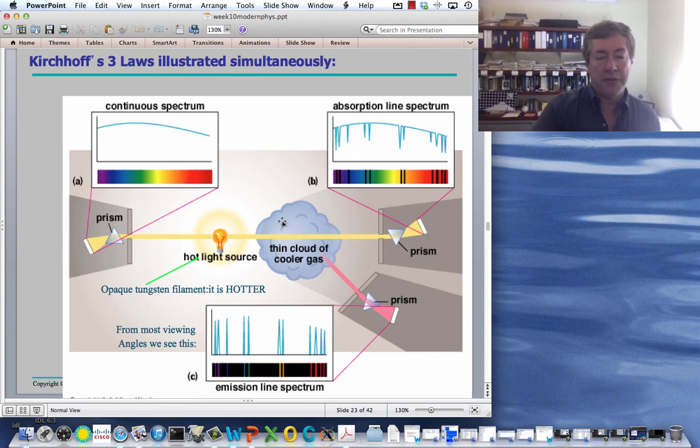However, we also happen to have nearby a thin cloud of gas. Okay, hotter or cooler depends on what you want to look at. It's not at low temperature. It's just not as hot as my light bulb. So if I were to only look at the thin cloud of gas with no background light source, in other words, suppose I were to look at it from this angle down here. So I'm just looking at a thin cloud of gas. There's nothing behind it.